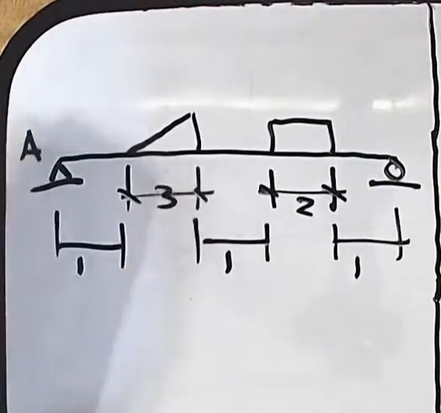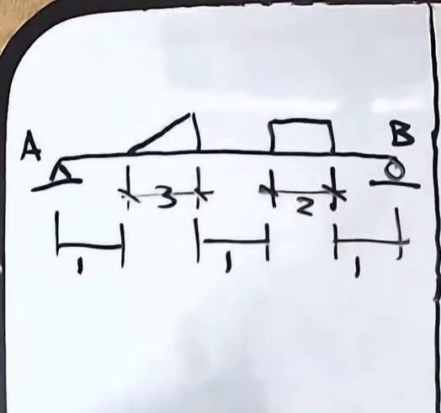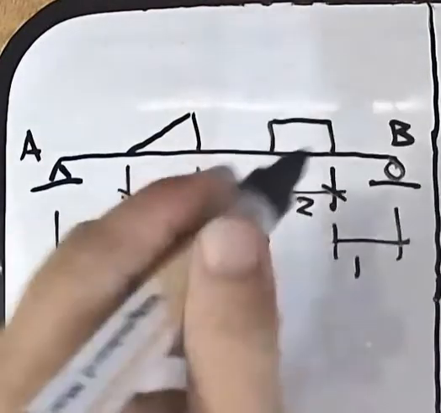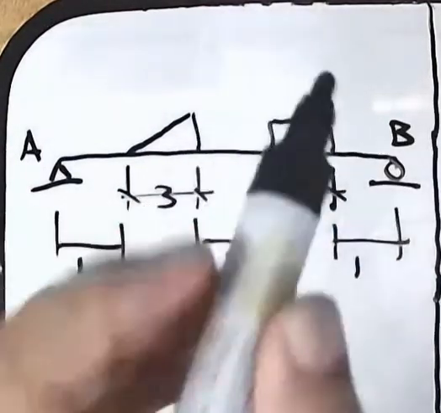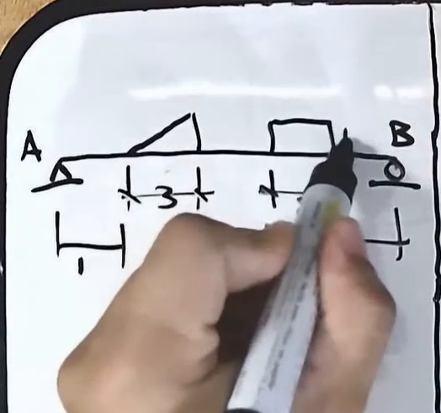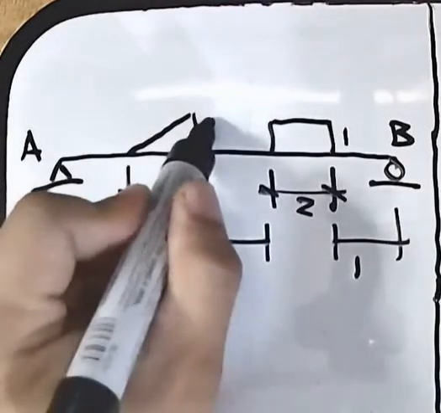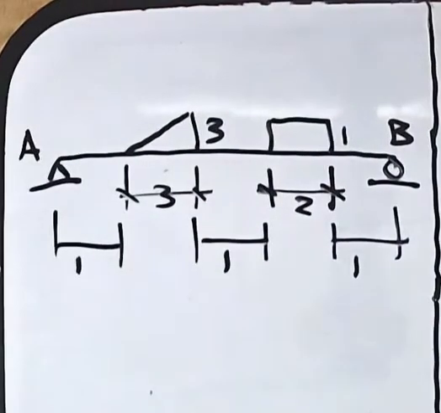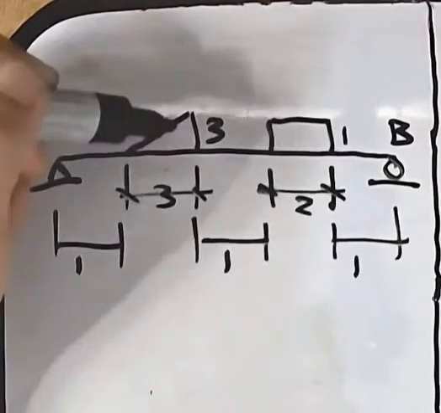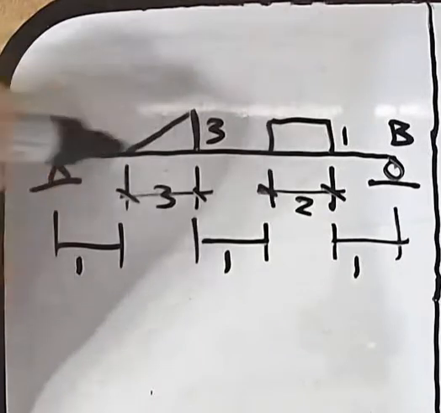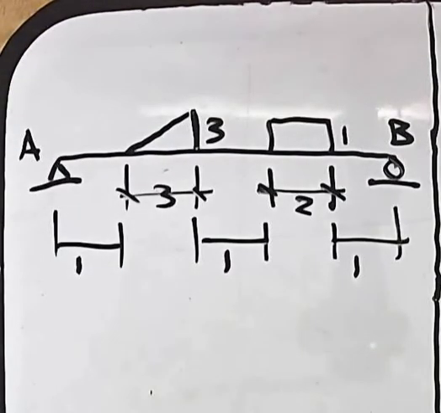Let's take this as point A, and then point B. The uniform load, let's say it is 1, and the triangular load is 3 and then 0.